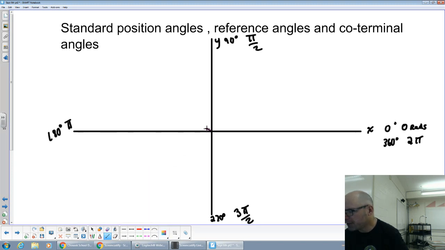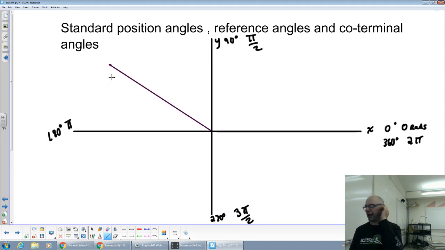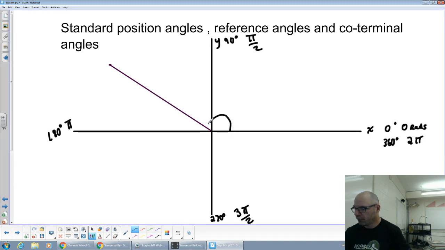So if I'm in here and I have this angle, an angle in standard position, we always measure the angle from the positive x-axis for standard position angles. This is an angle in standard position.